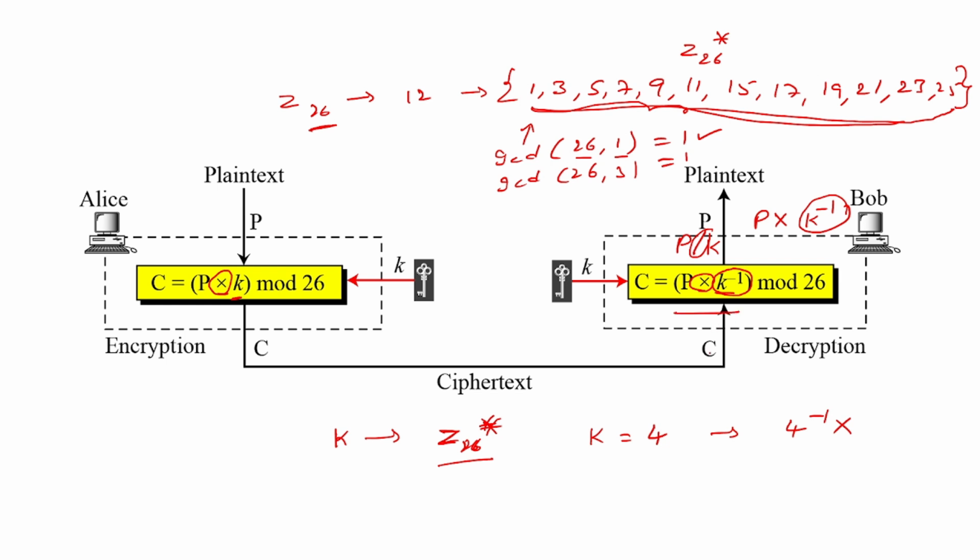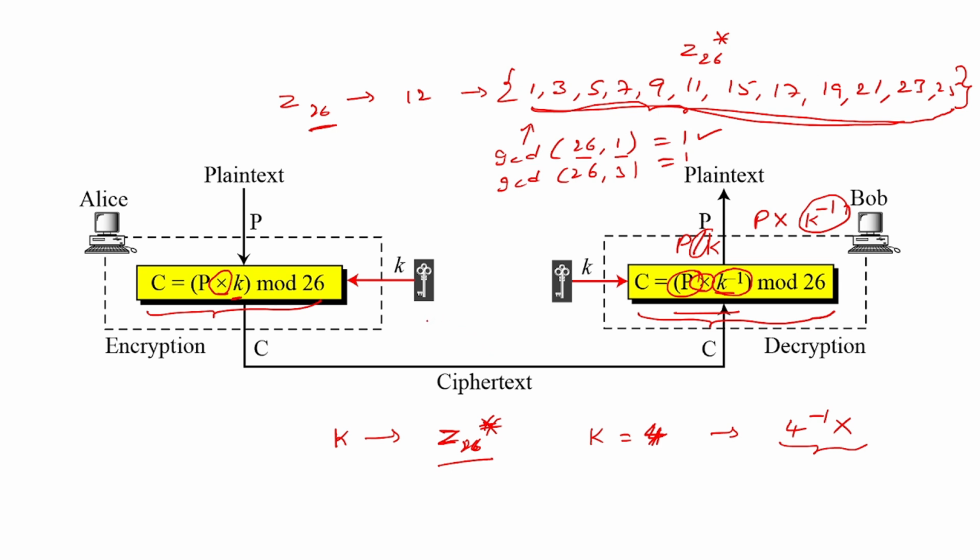If you select the key 4, then we cannot perform the decryption operation, so we cannot get the plain text at the receiver side. That's why we need to select the key from Z26 star. So this is the encryption operation, multiplication, and multiplying with the inverse of the key is the decryption operation.